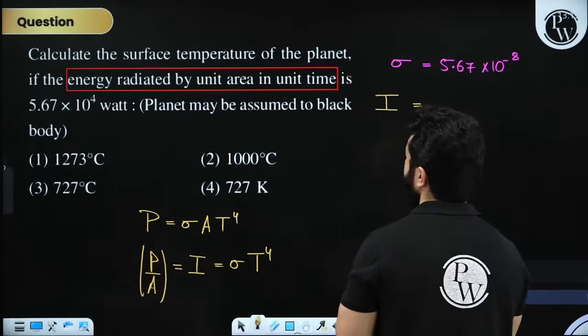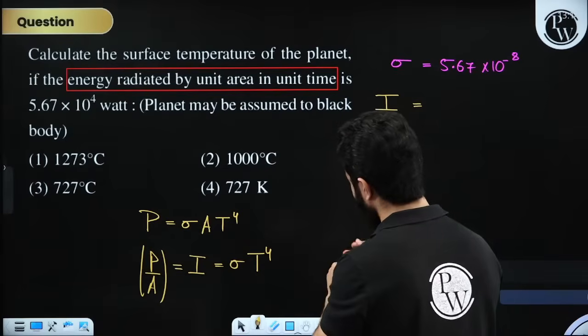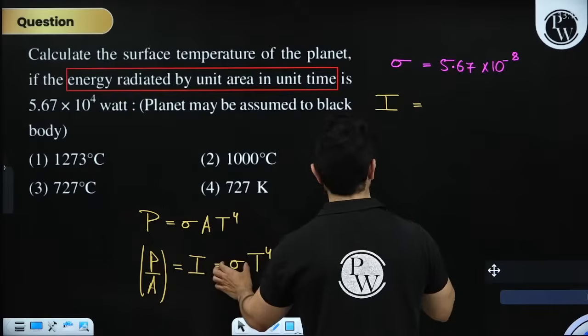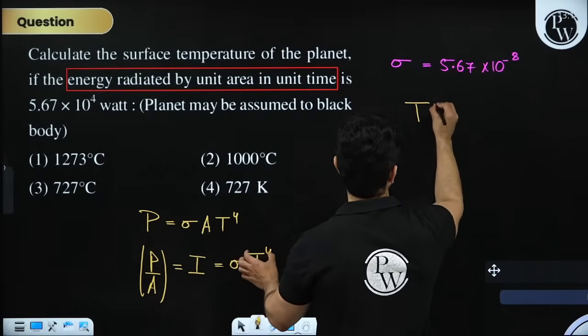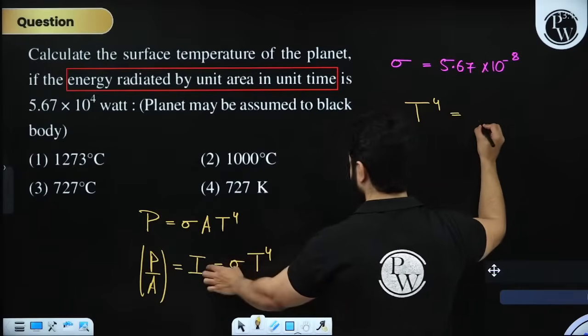They are also saying that I is this. So what I am going to do is simply say T raised to the power 4 will be I divided by sigma.